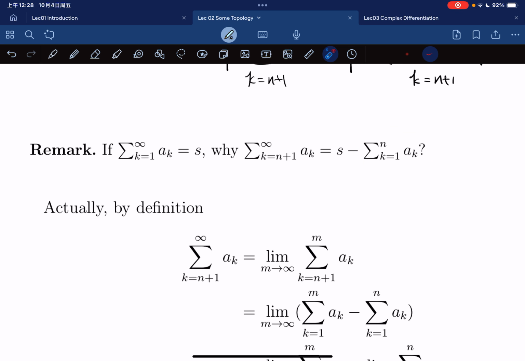Do you see what is the claim behind this? If the original series converges to S, then the series starting from n plus 1 converges to S minus a finite sum.